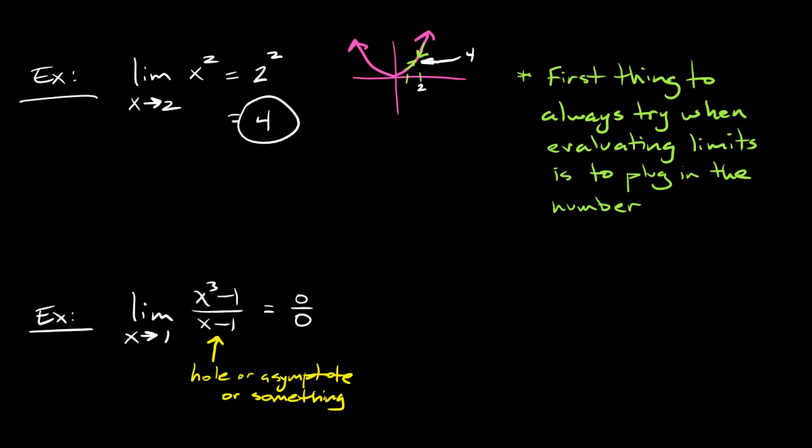So we have to try something else. Like, we have to try to figure out another way. A big part of calc is learning how to manipulate equations. So what we want to do is we want to take x cubed minus 1 over x minus 1 and change it into something else.